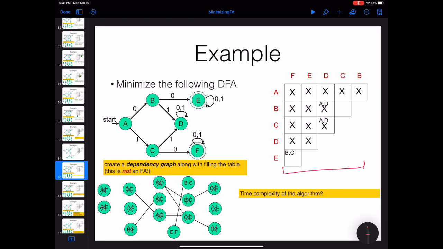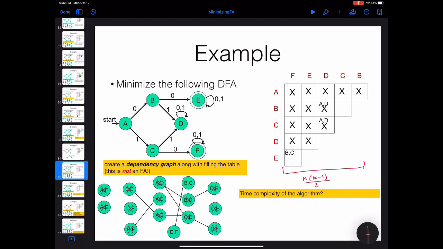The number of cells in the table is going to be n(n-1)/2, right? The number of all possible pairs that I have. And how much computation do I need to fill each cell? All those cells corresponding to pairs where one of them is accepting and the other one is non-accepting can be done with a constant amount of work, right?